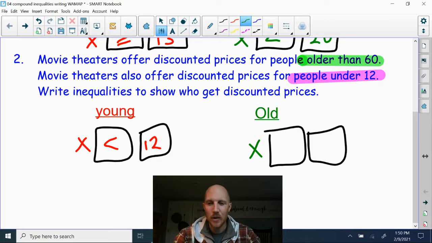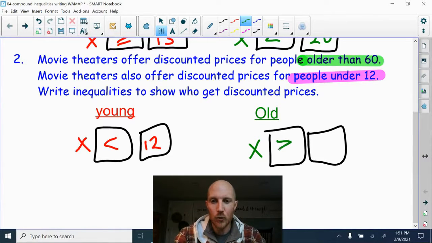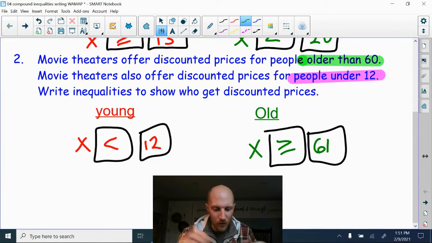It'd actually need to be 61 years old is where it starts, not 60 years and 1 day. So we're not going to say x is greater than 60. We'll actually need to say x is greater than or equal to 61. So that's the only way we can get the entire year of when you're 60 not part of this answer.